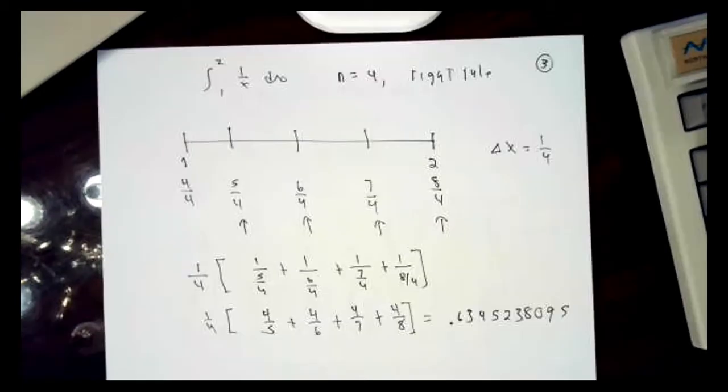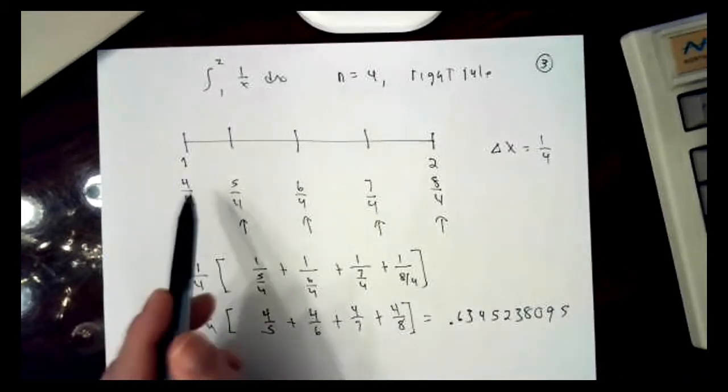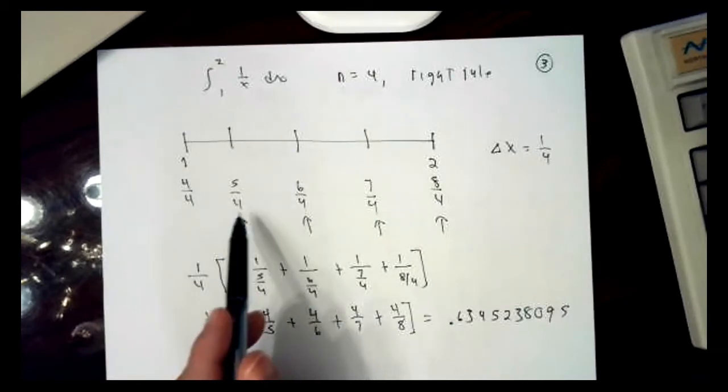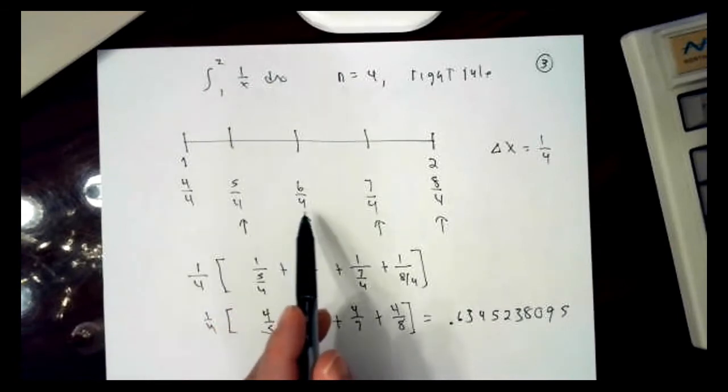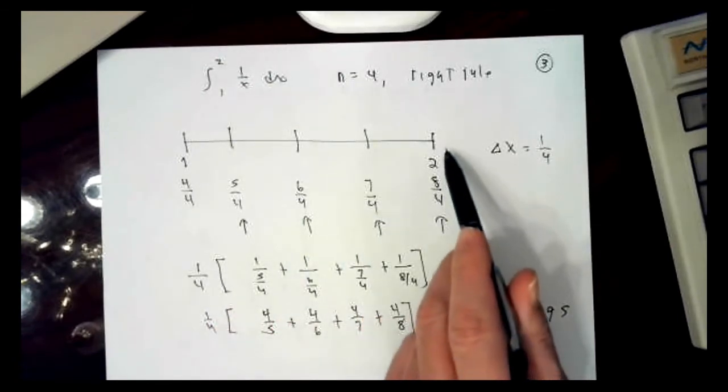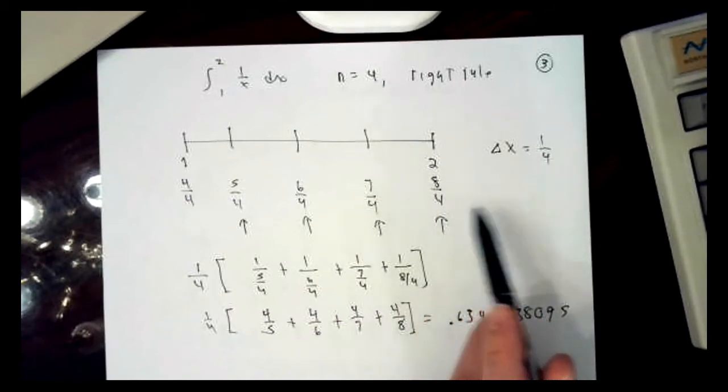The n equal 4 case is done similarly. Delta x will be 1/4. Since everything is going to be involving fourths, I'll write the 1 as 4 over 4. The next point's 5 over 4, 6 over 4, 7 over 4, 8 over 4, of course, is 2.